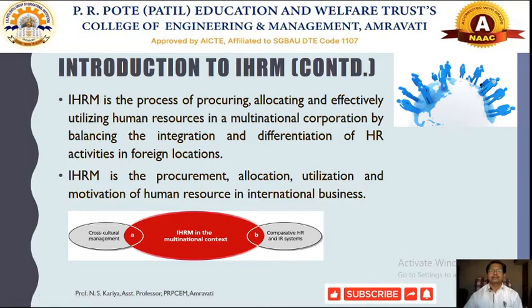All these information systems are interlinked with achieving the IHRM functions of procurement, allocation, utilization and motivation of human resources. So comparative HR and IR systems and cross-cultural management, in connection with IHRM related activities in any multinational context, are part of IHRM related activities.